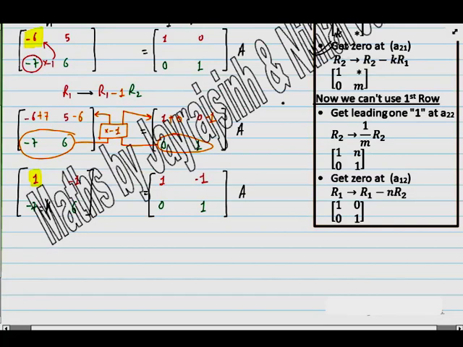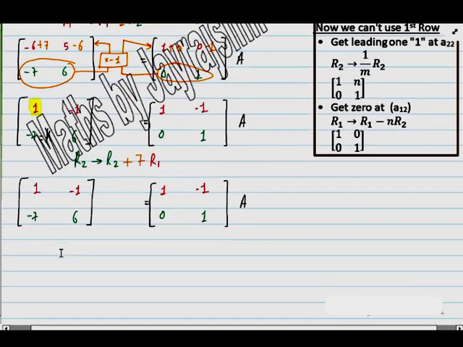And for that, we have to operate R2 gives R2 minus K R1. We can say R2 gives R2 minus K, which is minus 7, so it will become plus 7 R1, right? For that, let's write down which we already have.